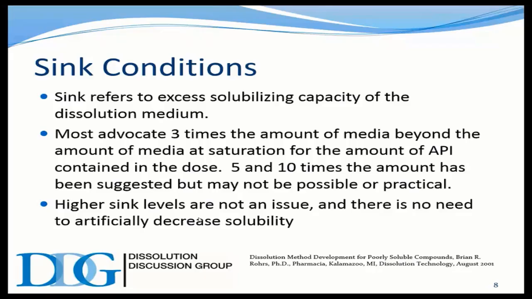It is not suppressed in any way. There's an availability of media to absorb that drug product as it's dissolving. So higher sink levels are generally not an issue. There's no need to artificially decrease solubility just because you want to. Even if you thought that would be a good idea, you have to justify that.